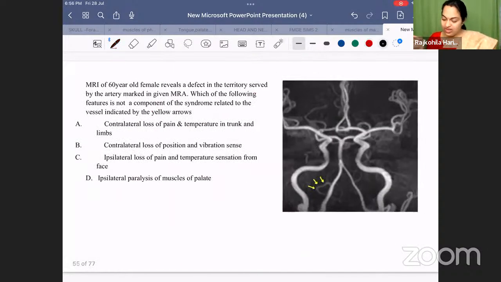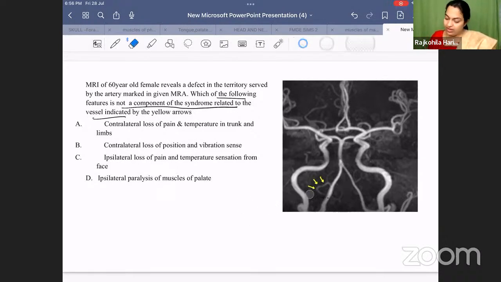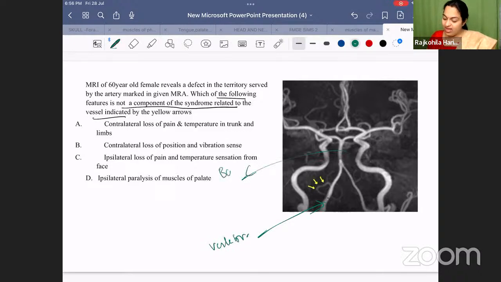Now, here, which of the following is not a component of the syndrome related to the vessel indicated? Tell me which vessel is marked by those yellow arrows. So this is your vertebral artery, right? You can see the basilar artery. What is this branch from the vertebral artery?